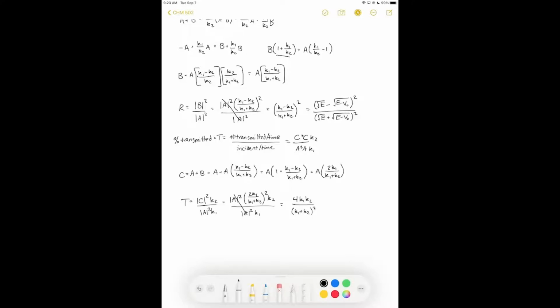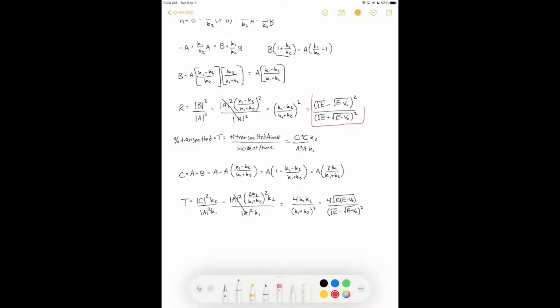And just like before, we can write this in terms of the energies. This is going to be equal to 4 times the square root of the energy times the energy minus the potential, over the square root of the energy plus the square root of the energy minus the potential, squared. And so with these two equations, I'll go ahead and box them out.